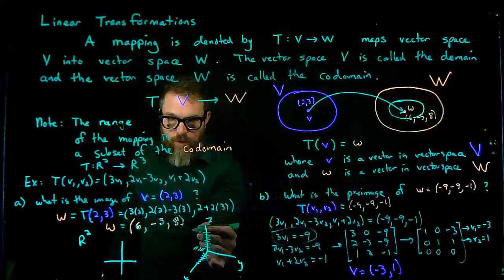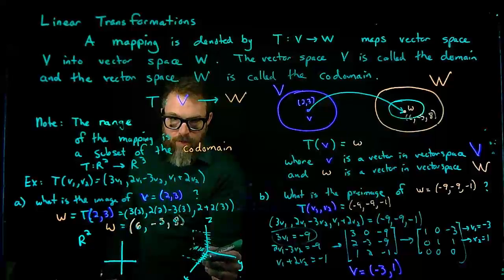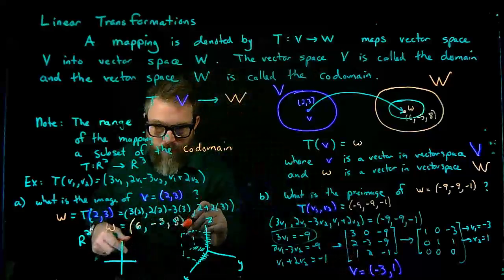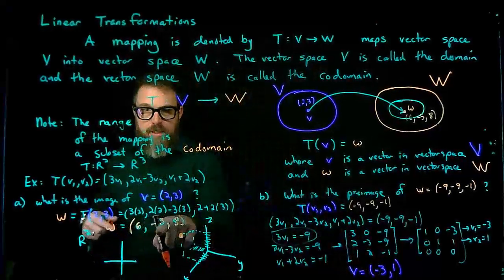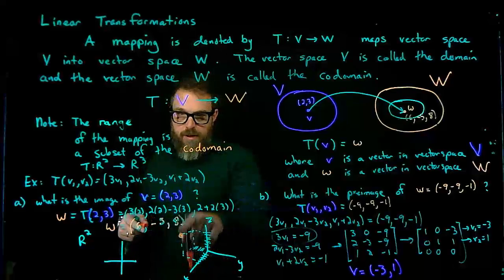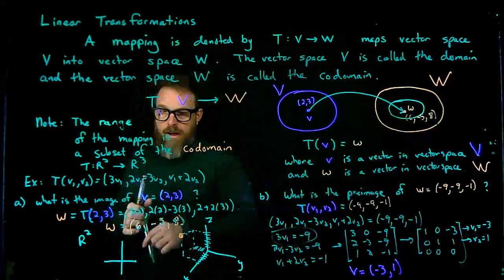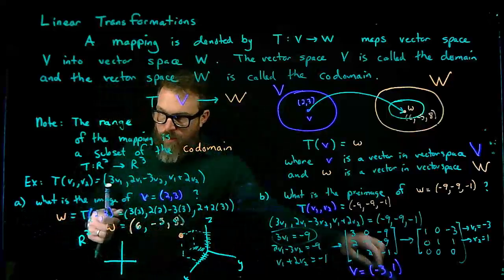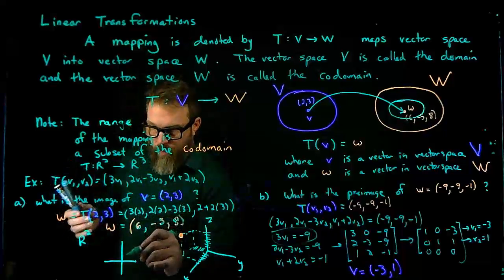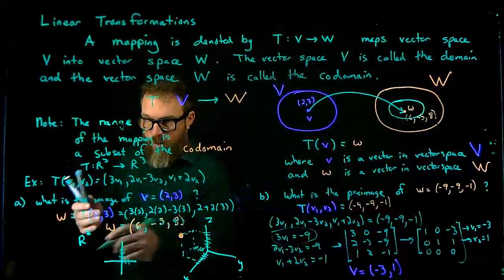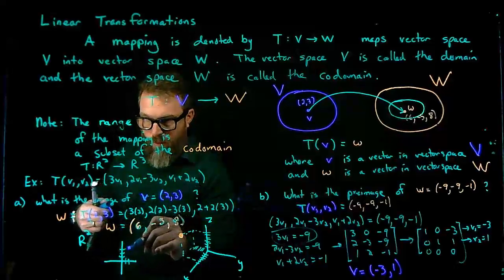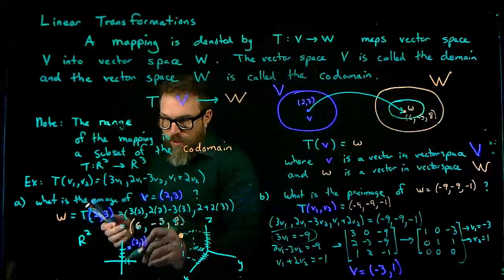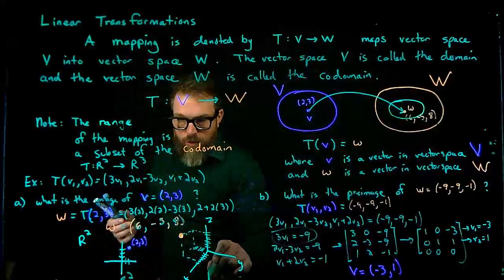What we know is if we map this, drawing essentially a cube, this vector right here is going to be (6, minus 5, 8), and that was mapped from (2, 3). So the transformation maps this R2 space to this R3 space.